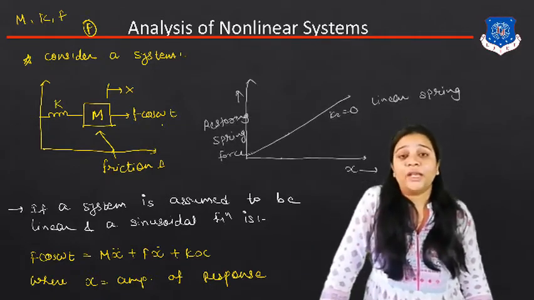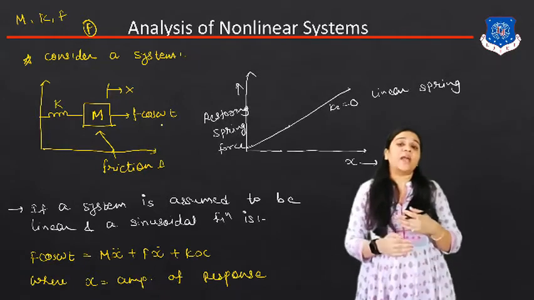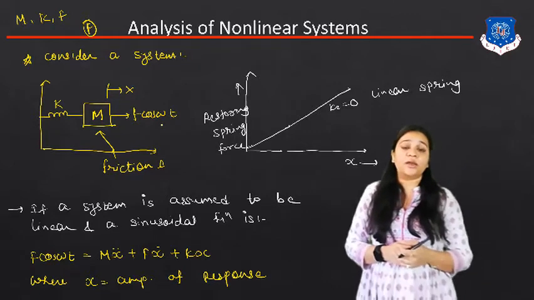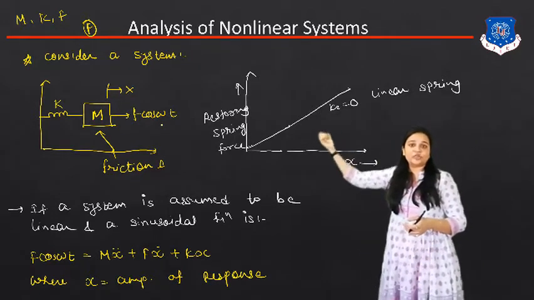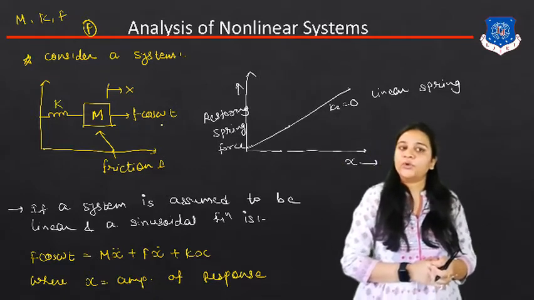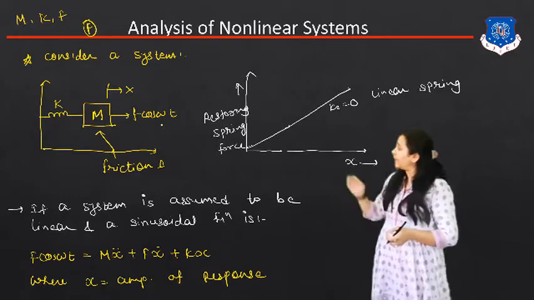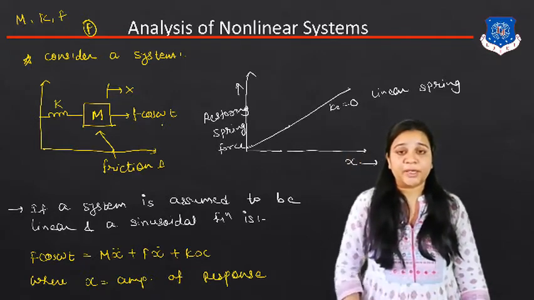Now we have to deal with different values of the spring and identify them. Here we draw the graph of x versus restoring spring force. When K2 is equal to 0, this type of spring is known as a linear spring.